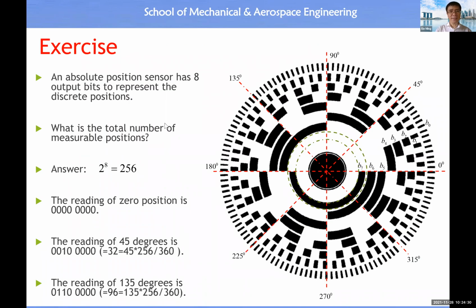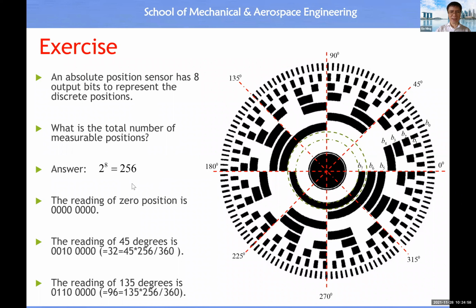Then this is just a simple exercise for you to practice, so that you know the parameters related to the absolute encoder with 8 bits in the output of the sensory data. Okay, so if we want to know the total number of measurable positions, the answer should be 2 raised to the power 8.